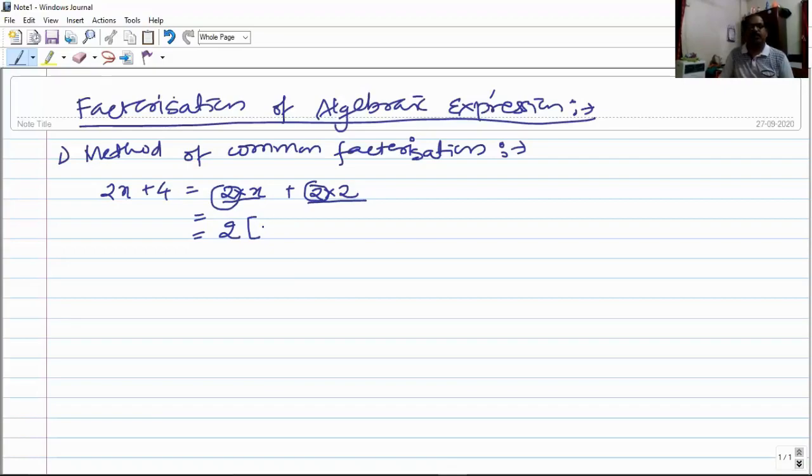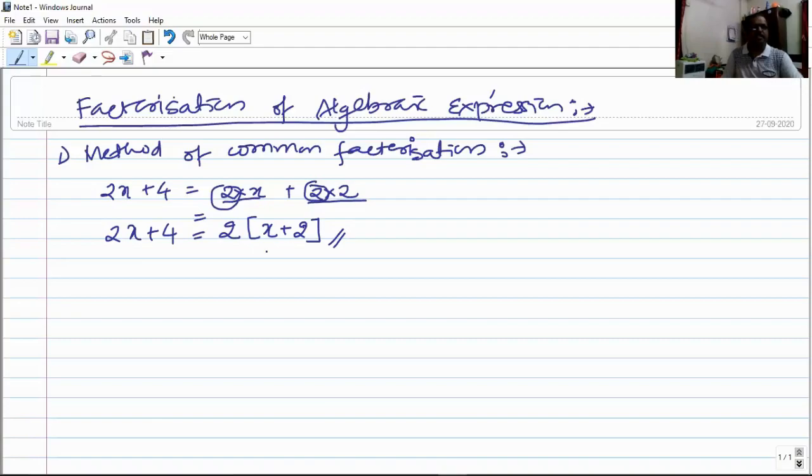From the first term we are left with only x, whereas from the second term we are left with 2. So the factors of 2x plus 4 are given by 2 times x plus 2. This is known as common factorization, or the method of common factors, for the given polynomials.